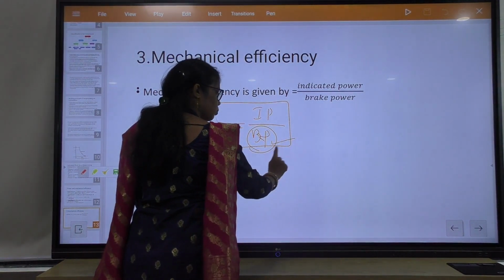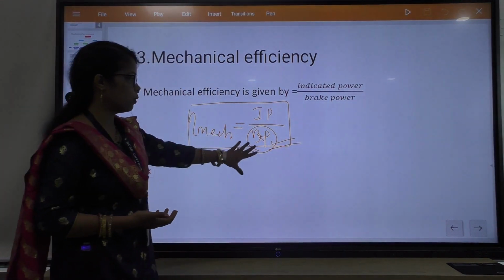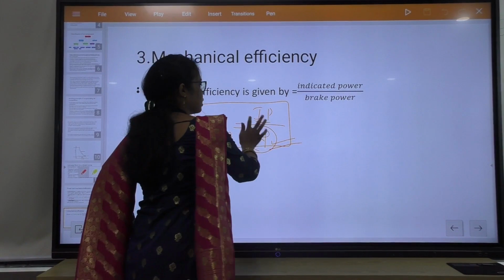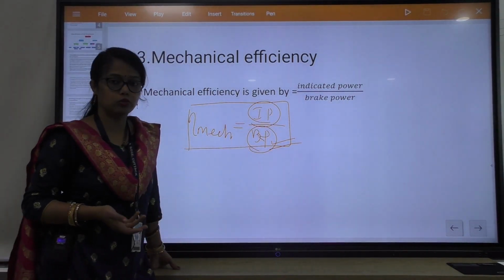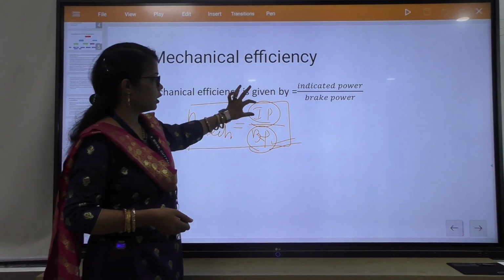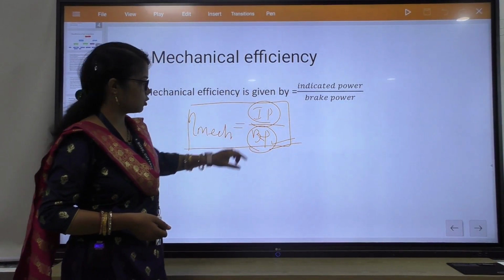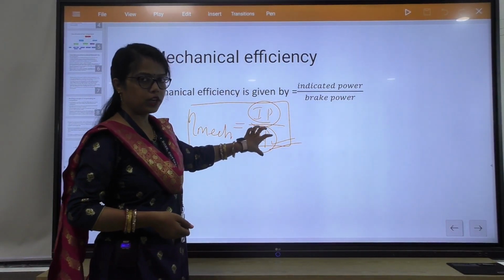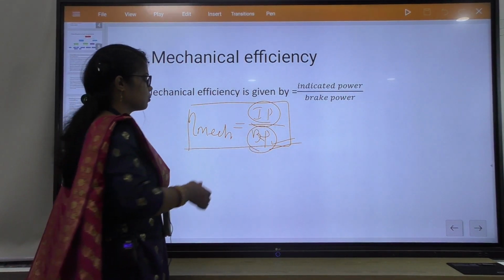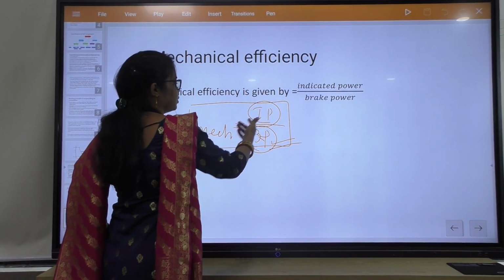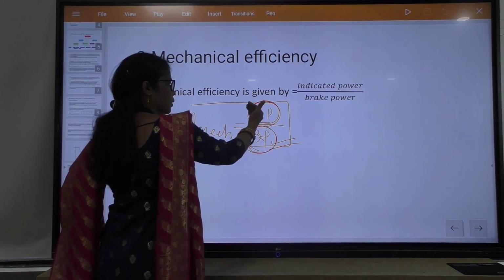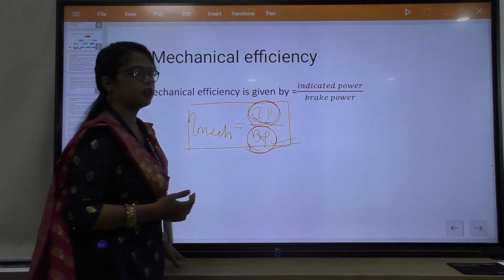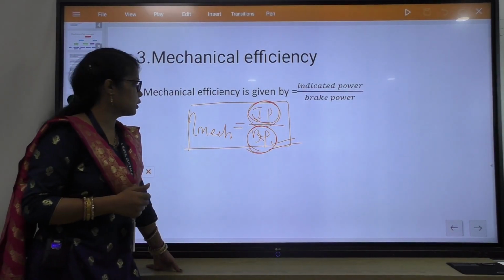We provide this amount of power, and we get this amount after the loss due to friction, and this power is responsible for the compression process. So the output is the indicated power and the input is the brake power.